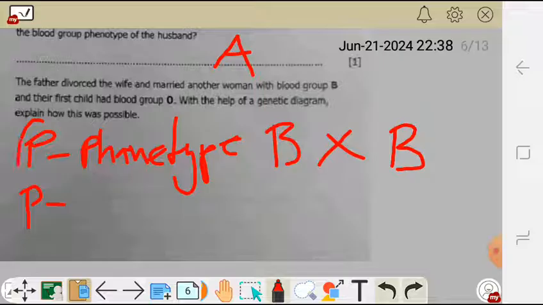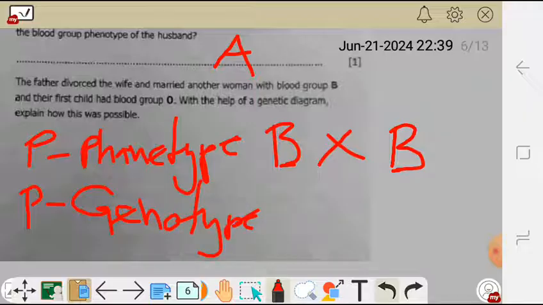So you complete this when you're answering. You write the blood group of the two people you are crossing. In this case, we are crossing the father with blood group B and the new woman he married, of blood group B. Now the parent genotype.